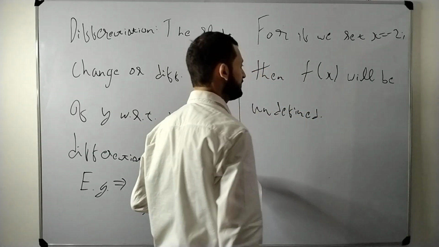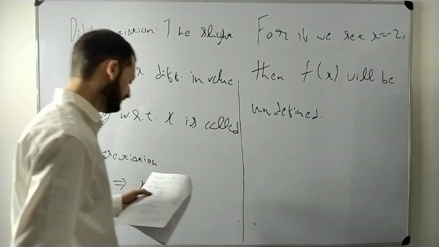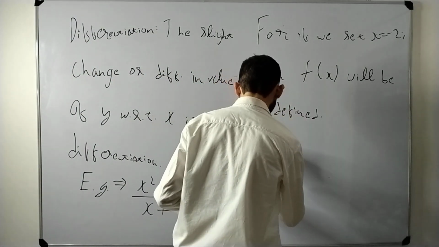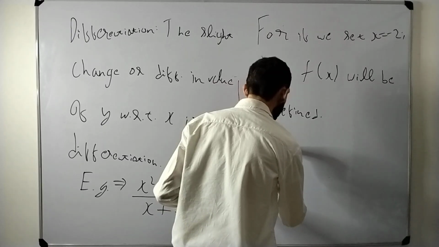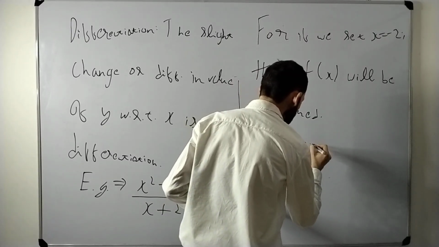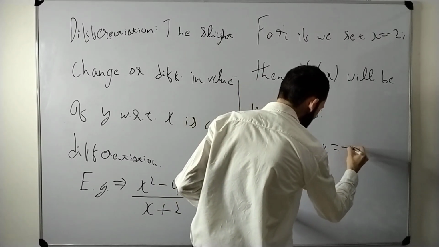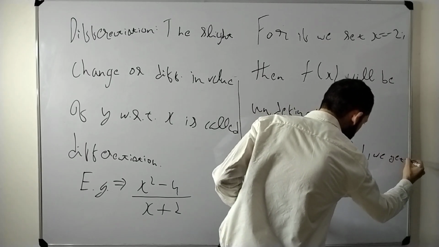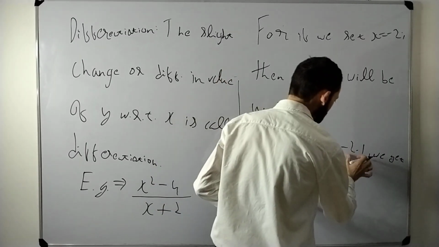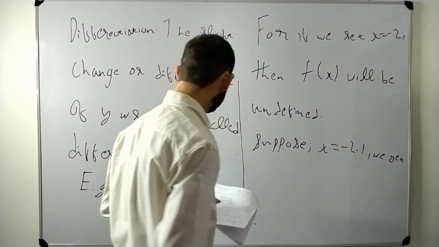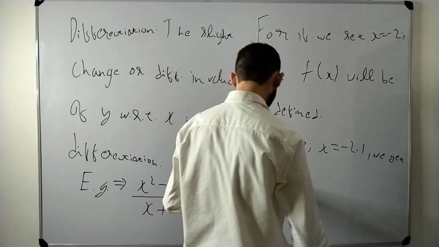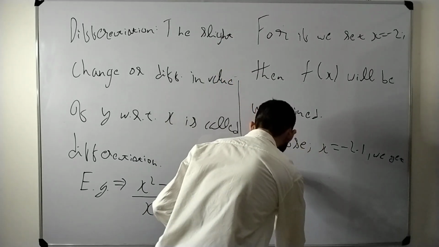So where is it defined? The next question. Suppose x is equal to minus 2.1. Now I am setting x equal to minus 2.1. Then what will happen to the function?